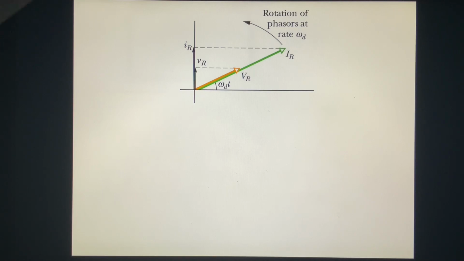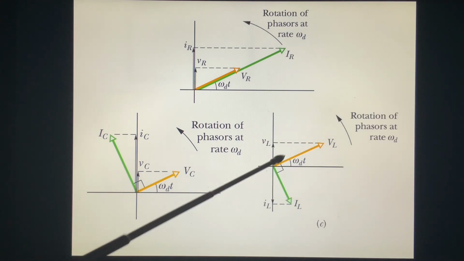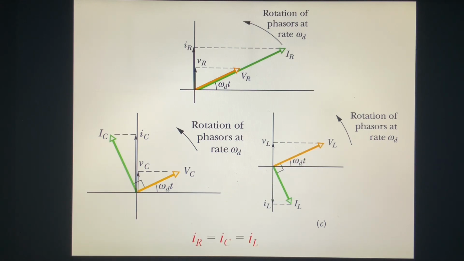From the above study, we know that for a resistor, current and voltage are in phase. For a capacitor, current is 90 degrees ahead of voltage. For an inductor, the current is 90 degrees behind the voltage. And we know IR equals IC equals IL. This is our study point.